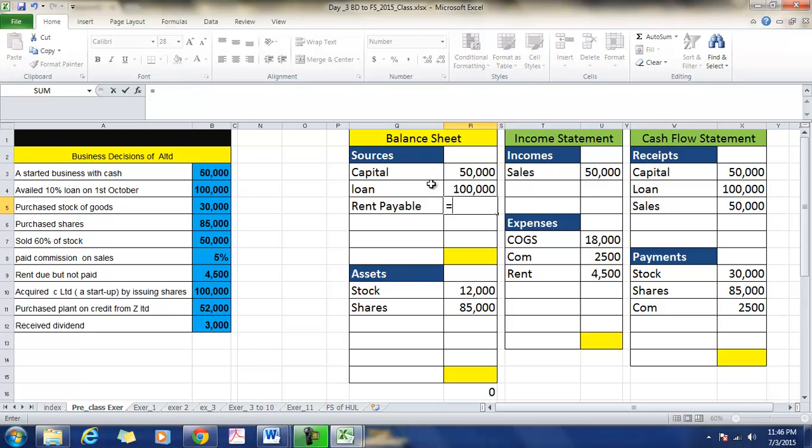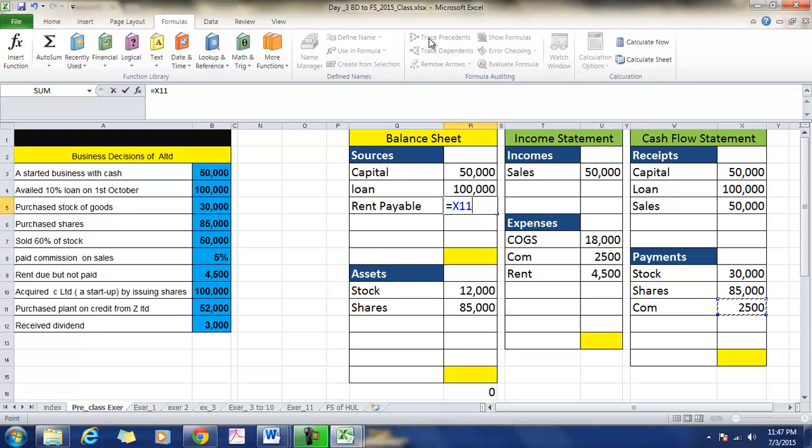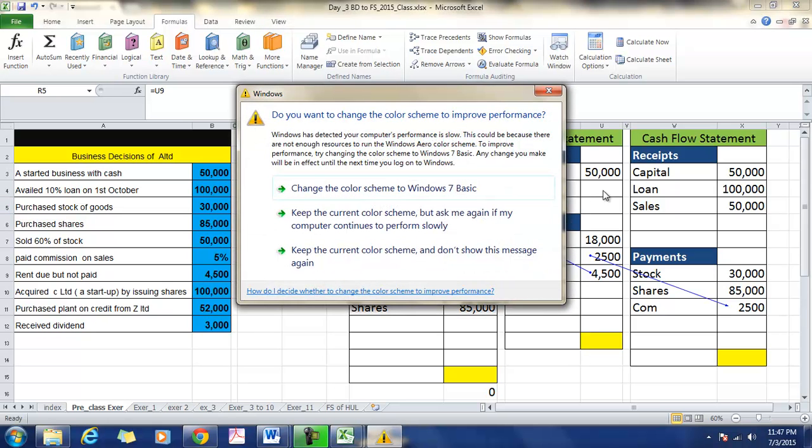So the accrual concept says an expense, paid or not, should be recorded at the time of happening of the event. So the commission is an expense resulted in cash outflow, whereas the rent is an expense but resulted in creation of a liability. So expense paid is an outflow of cash, and expense not paid is a liability.